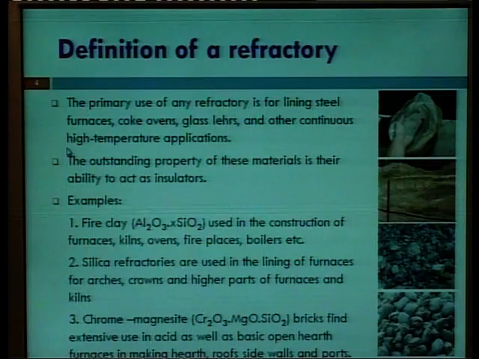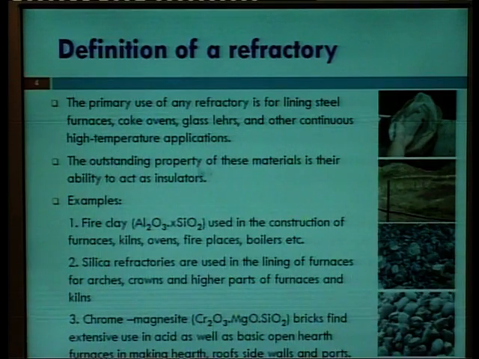So, we need to take materials which can withstand very high temperature without undergoing any deformation. That is a more important aspect of any material which we can call a refractory.